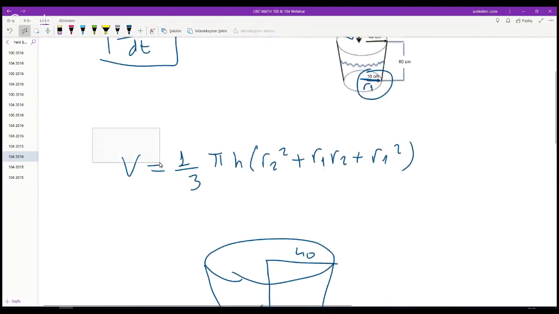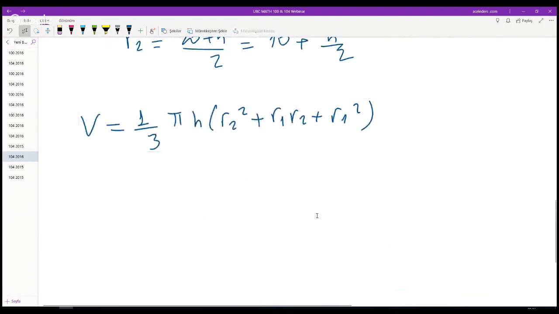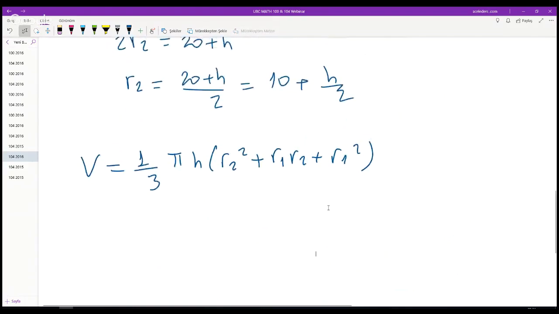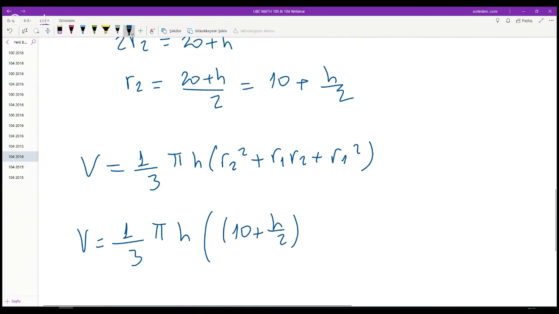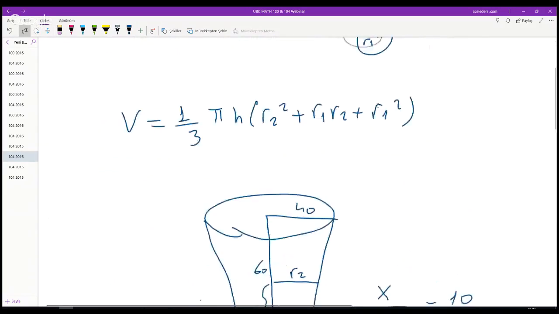So let's take the volume equation and replace R2 by 10 plus h over 2. So volume equals 1 over 3 pi h, and I replace R2 by (10 plus h over 2) squared, plus, and remember R1 is 10 and it doesn't change, it is constant.